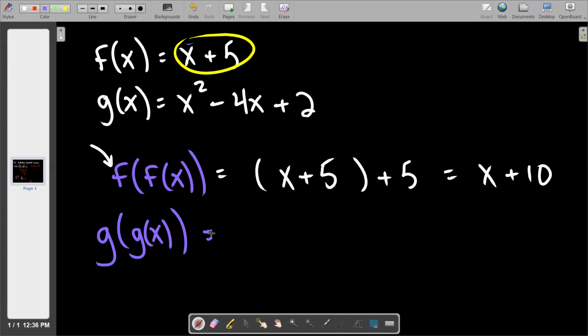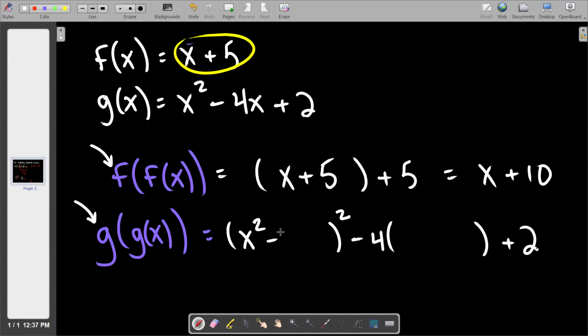But the key to being good at this, I think, is just like I said, the patient setup, and that is to just start with the outer function g, and you write blank squared minus 4 blank plus 2. But this is the tedious part. What's going to go in there? X squared minus 4x. Right.